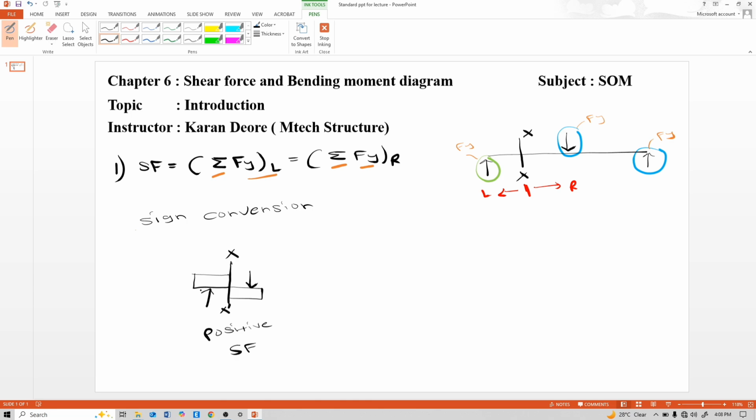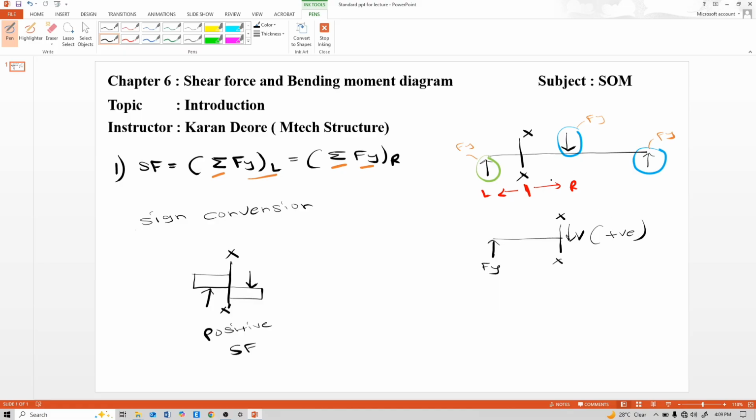That means while calculating the shear force diagram from left side, this is the section XX. Take here like this. This is shear V. And this is upper. And this is positive.